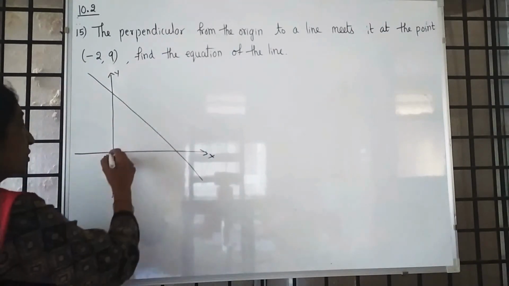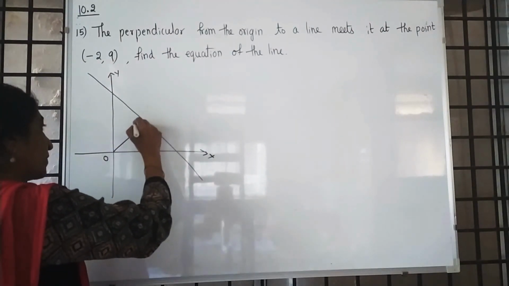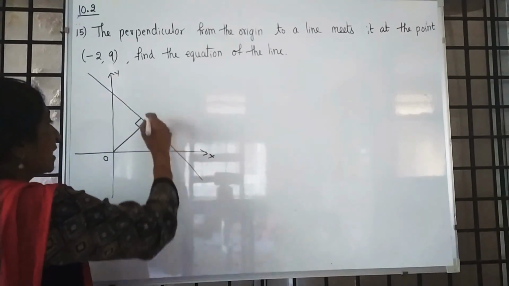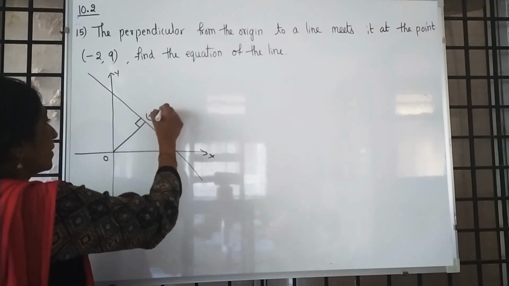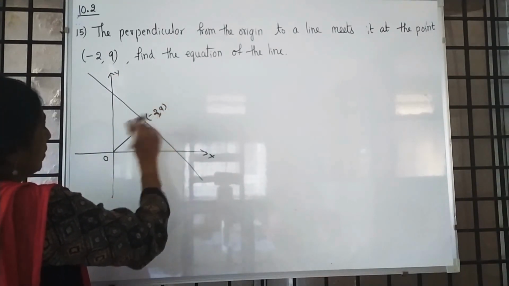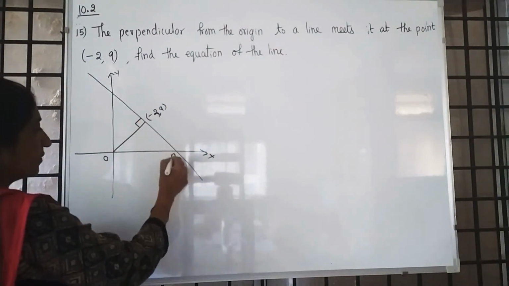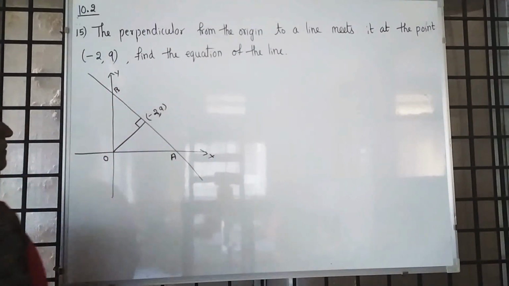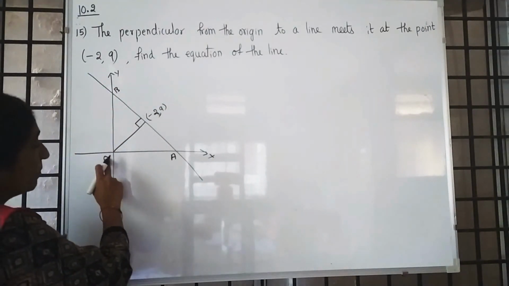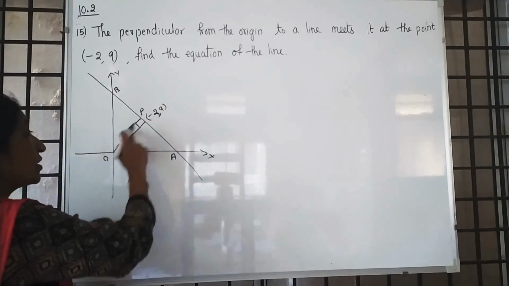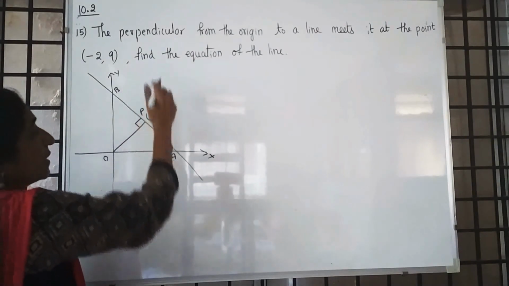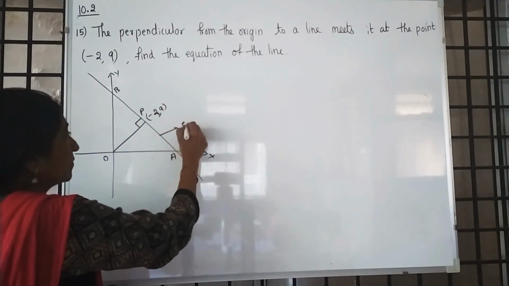From here if you draw the perpendicular, it meets the line at -2, 9. See, I know that it will not come in the first quadrant. Only for reference I draw the figure. This is A, this is B. Now, this is the perpendicular distance from the origin to the line. We have to find the equation of this line.